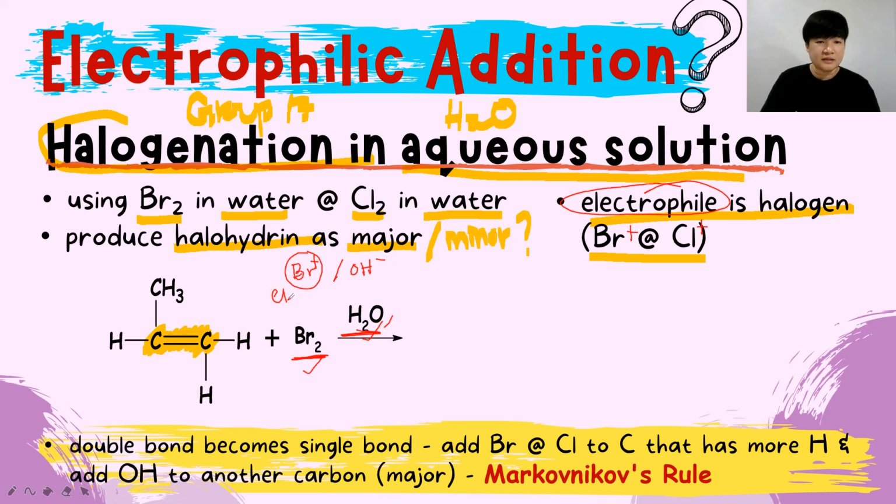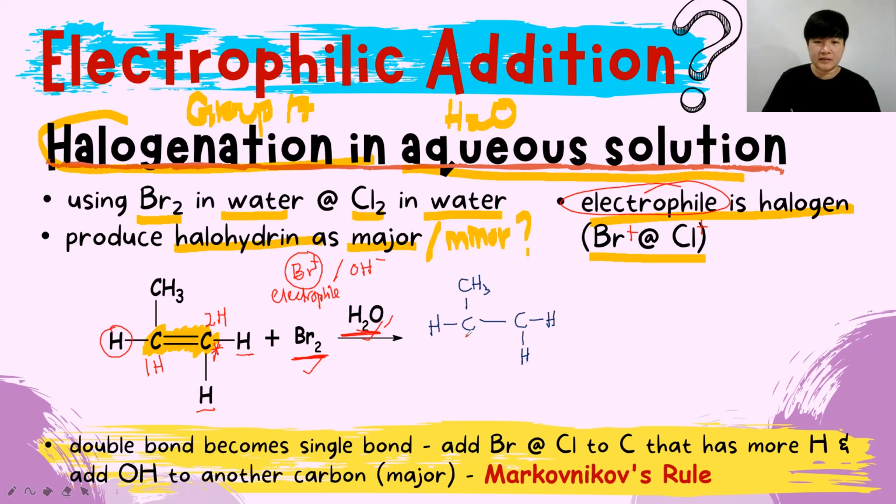Your Br, as an electrophile, again needs to be added to the carbon that contains more hydrogen. The carbon on the left has 1 hydrogen. The carbon on the right has 2 hydrogen. So obviously, this carbon is the one having more hydrogen. Your major product shall look something like this. The double bond becomes a single bond.